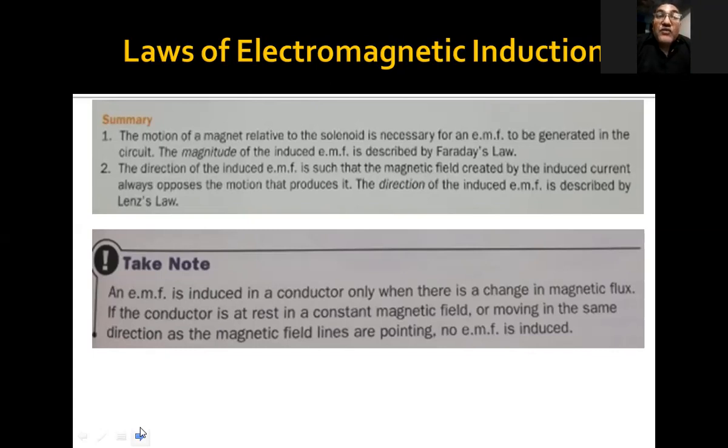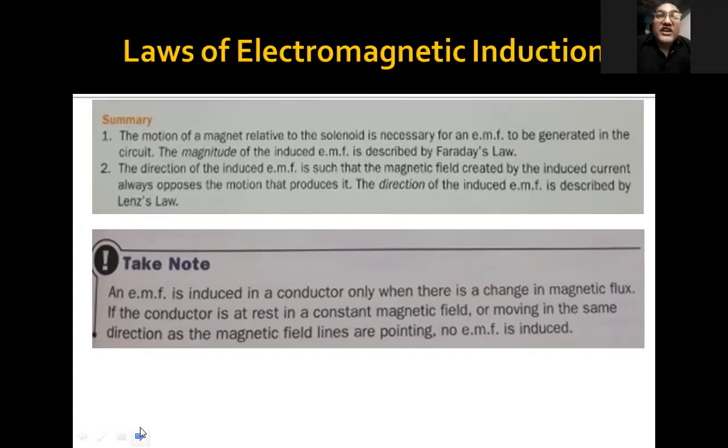If you move the bar magnet, the galvanometer will show deflection. If you stop moving the bar magnet, the galvanometer will not show deflection. From here we conclude that the EMF is only induced when the bar magnet is moving relative to the coil. If the bar magnet becomes stationary, no EMF is induced. Galvanometer will show no deflection.